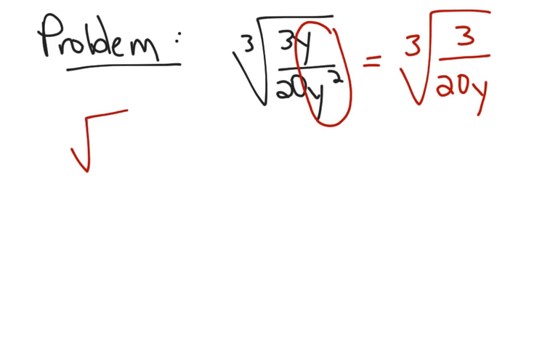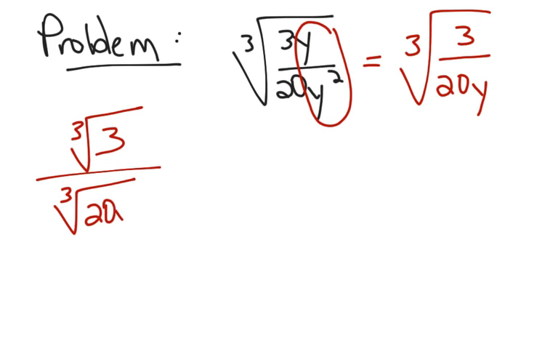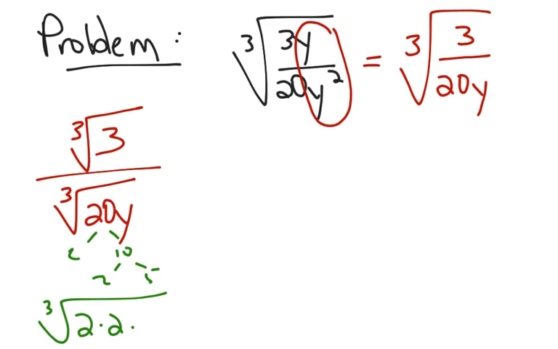Well, now I'm going to rewrite it as the cube root of 3 over the cube root of 20y. In order to determine what I need to multiply my denominator by, I'm going to use prime factorization to break this down. The denominator is the cube root of 2 times 2 times 5 times y.